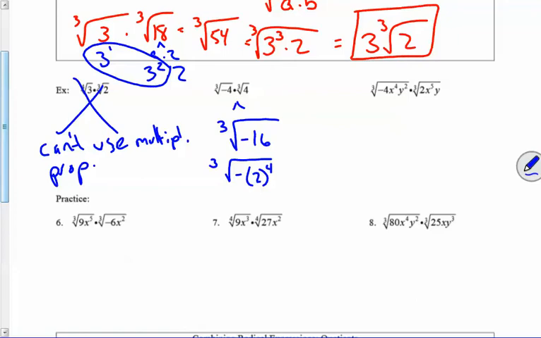Right? Negative 2 to the 4th power. So I can take that out, and it breaks down into negative 8 times 2, or negative 2 to the 3rd times 2, which gives me negative 2 times the third root of 2.